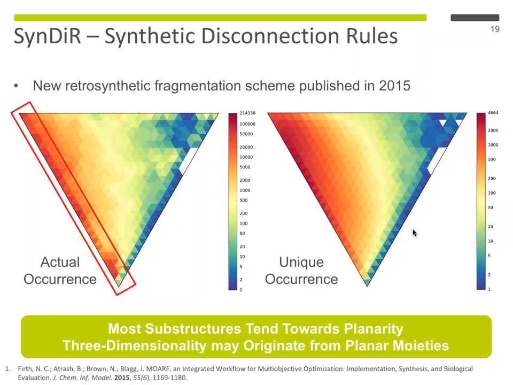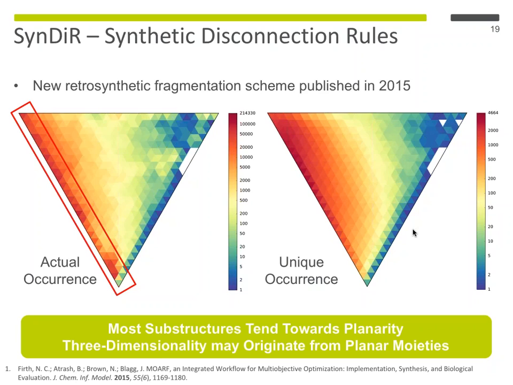So on the left-hand side, we have the actual occurrence of those moieties. So that means not just that they occurred, but they occurred in how many instances of a molecule reported in ChEMBL. So you can see here with the red bounding box that very many things that are used are flat as building blocks, much higher than the 3-dimensional aspects of the PMI plot.